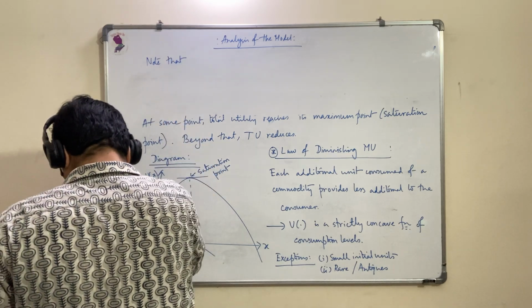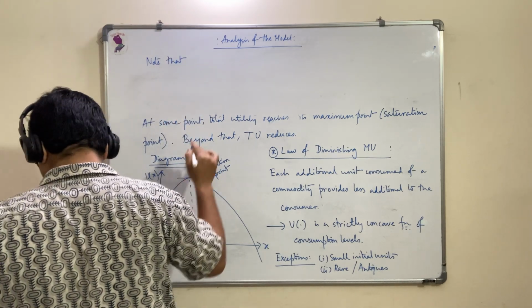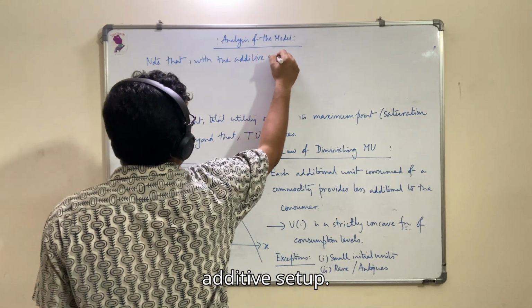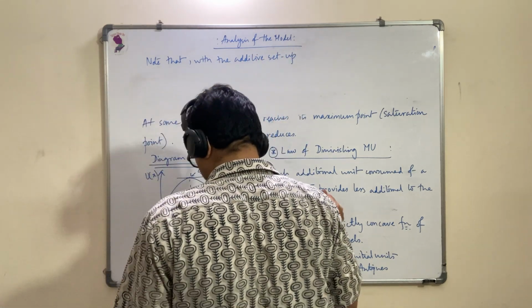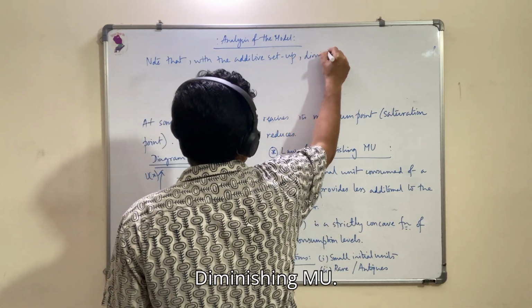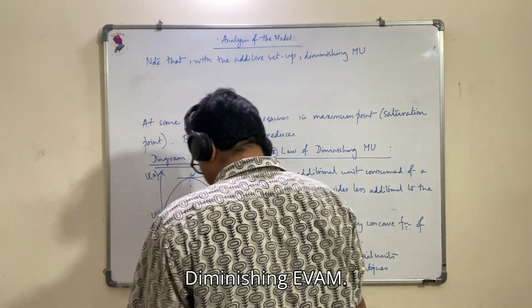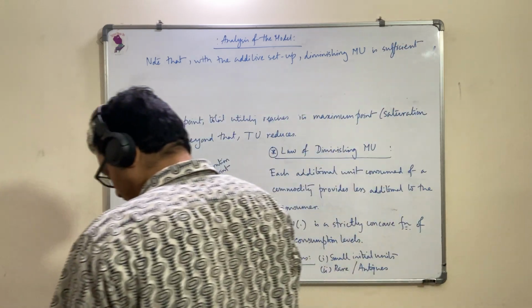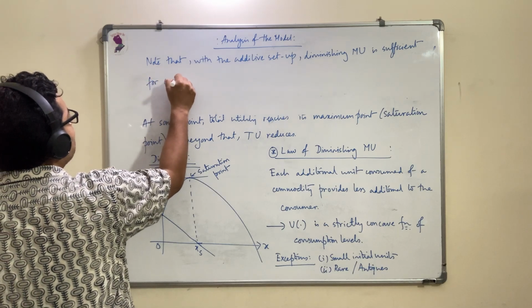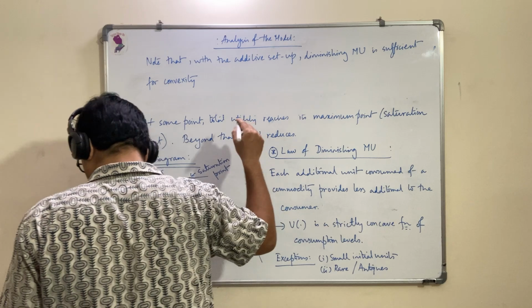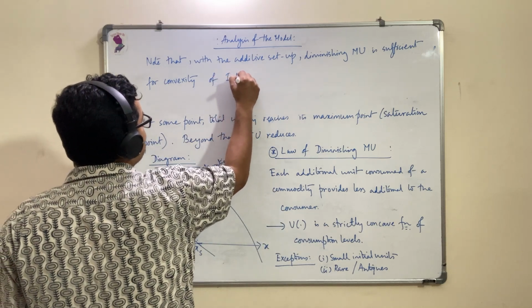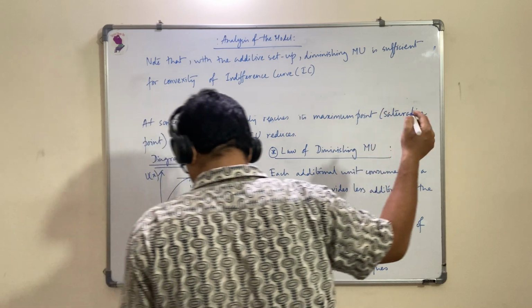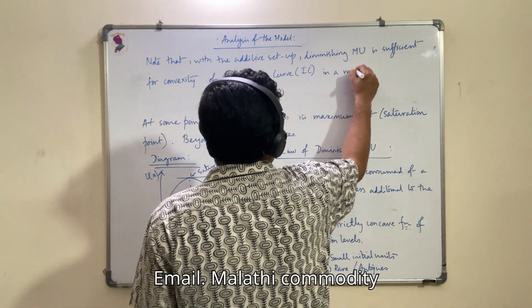Note that with the additive setup, diminishing MU is sufficient for convexity of indifference curve in a multi-commodity setup.